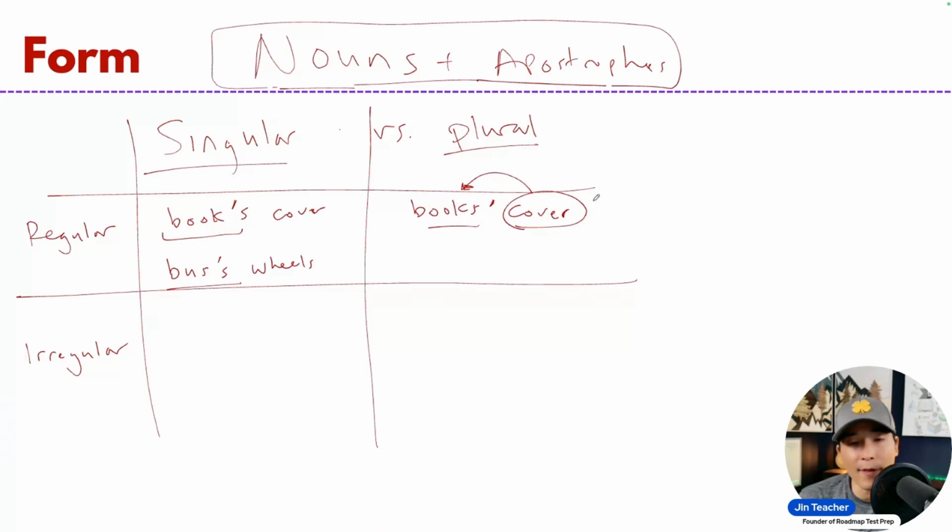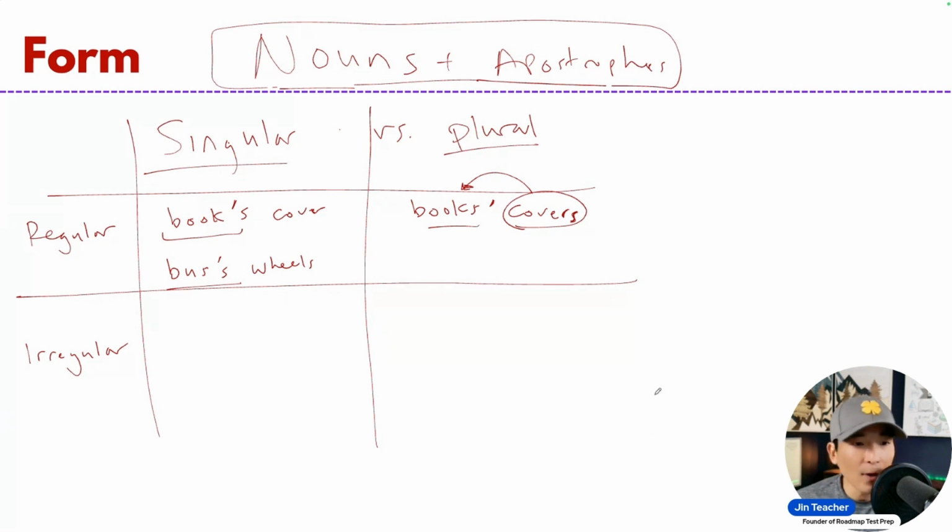Because more than one book has to have more than one cover. So 5 books cannot just have one cover. Each book has to have its own cover. So logically it makes no sense. This is why you would have to say books' covers in order for this to be correct. So you have to make sure that the nouns agree with each other or make logical sense when they're placed next to each other like this.